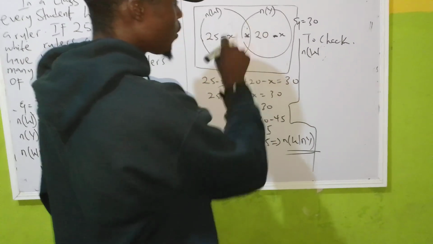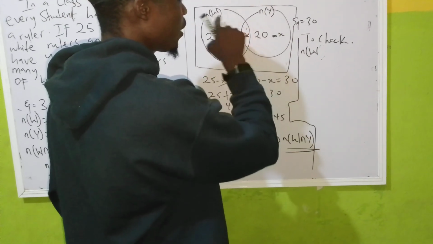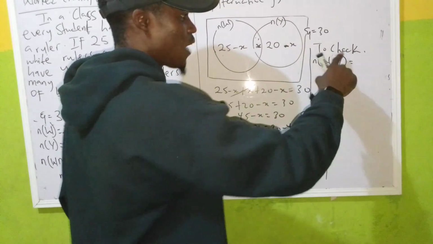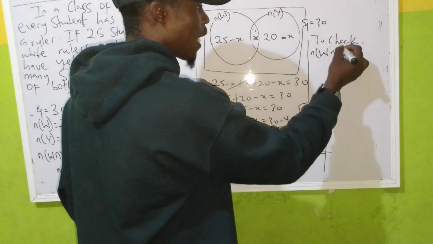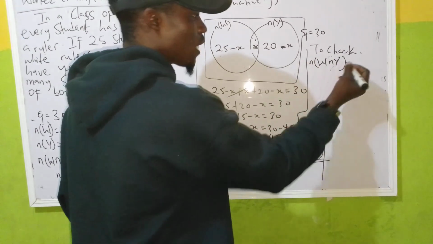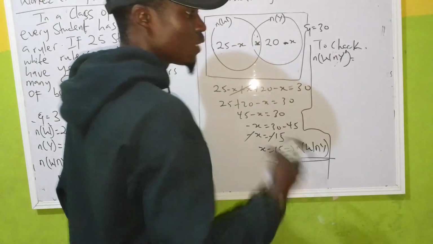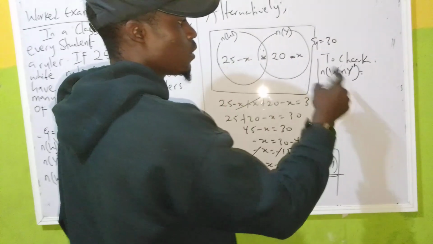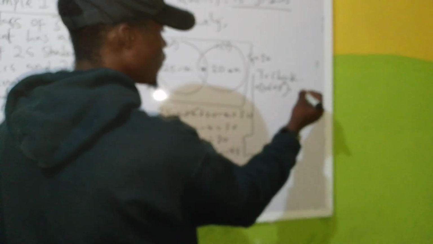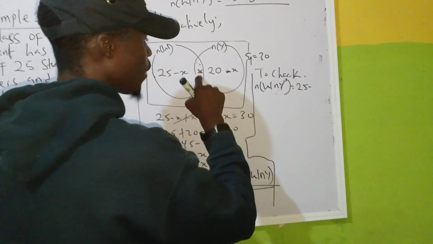You know they are connected here. So we are talking about white and yellow. In a question, they ask exactly those that have white. This one will carry prime because they ask you a question like exactly those that have white. So to find exactly those that have white, that will be your 25 minus what you have at the middle.